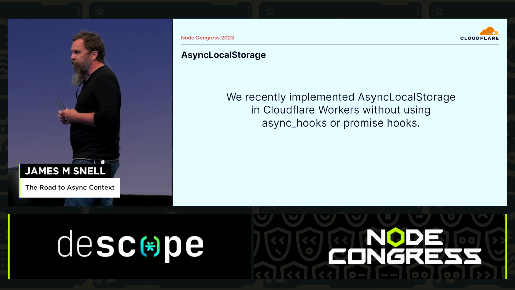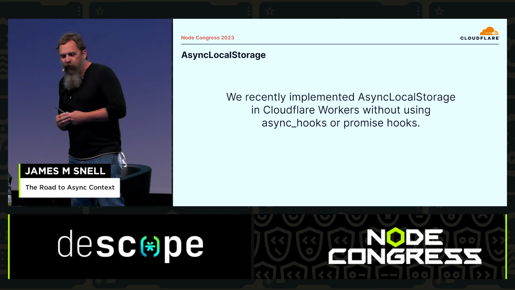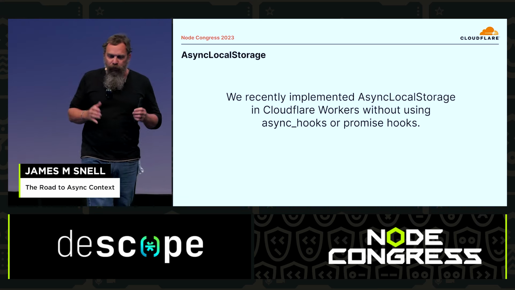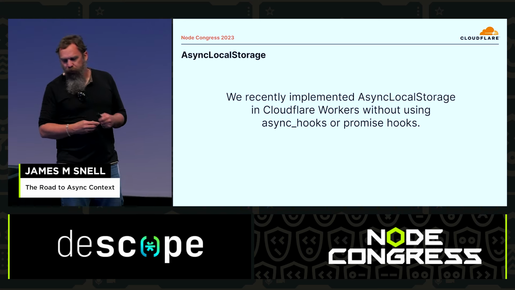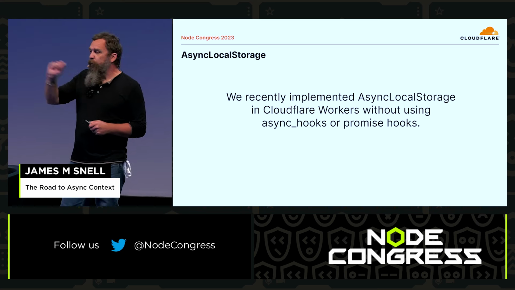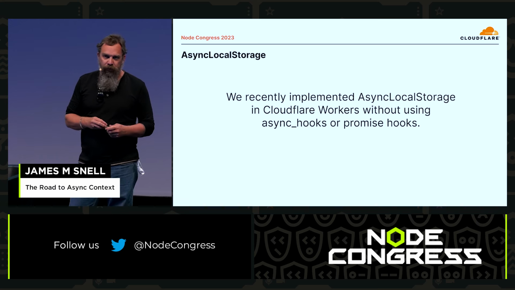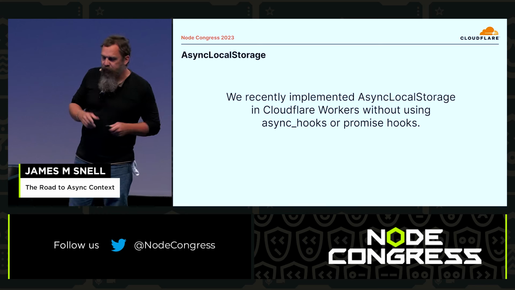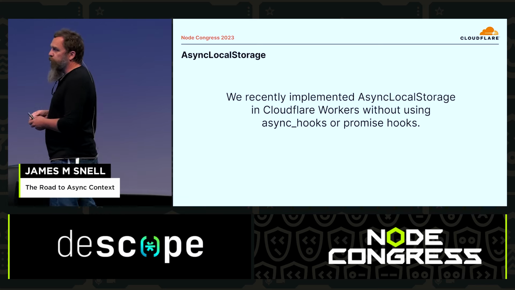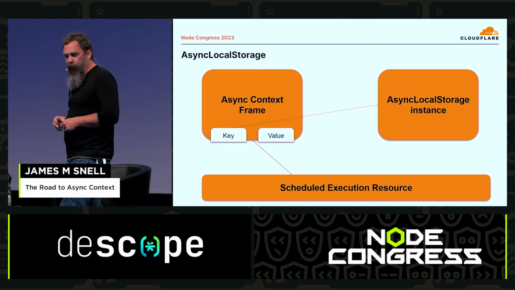It is required, just like in Deno. Async local storage is one of the first ones that we added. It just got enabled, I think, last month, where it's available for everyone to use. But we did this without using async hooks or promise hooks. At the API level, for what code uses, it is very compatible with what Node has, but we've implemented it in a completely different way.